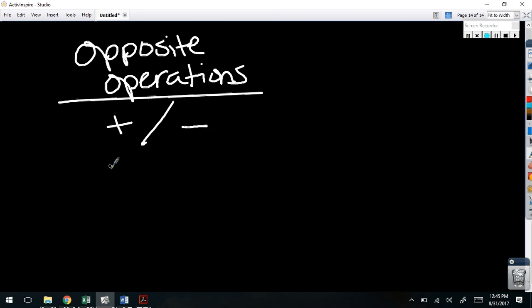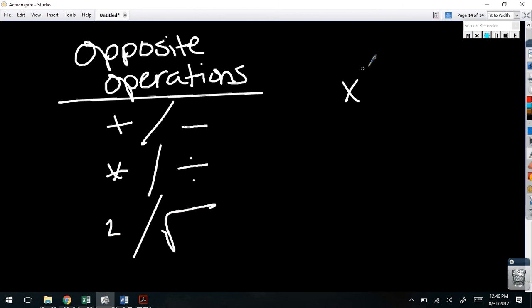The opposite of multiplication is division, and the opposite of an exponent of 2 is a square root. So in other words, if I had x squared equals 9, to solve that for x, I would have to do what?